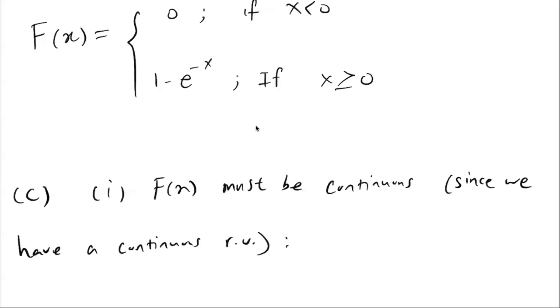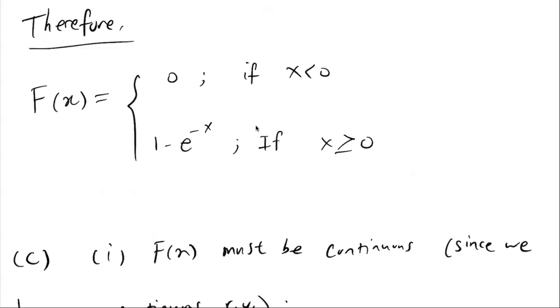And how can I verify this? Well, capital F of X contains two pieces. One piece is the constant function 0, which is continuous everywhere. And another piece is an exponential function like this. We know exponential functions are continuous.